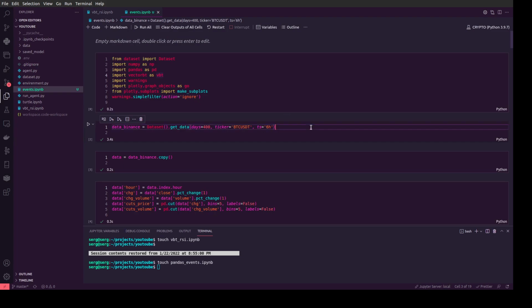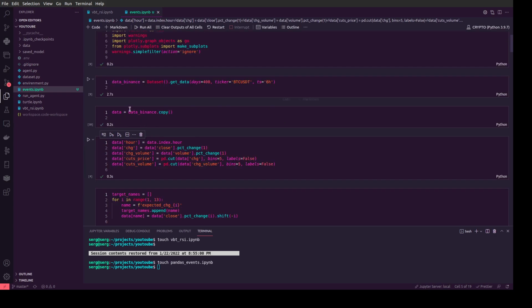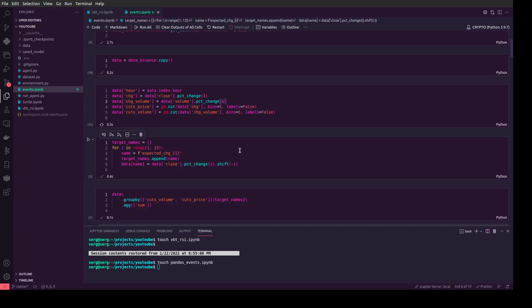So let's download data. We are going to use the last 400 bars for Bitcoin USDT, and the time series would be 6 hours. Let's make a copy of this Pandas data frame, and in this cell we are going to create some simple features, like predictors, and using these predictors we are going to understand how each predictor and their combination influence the price.